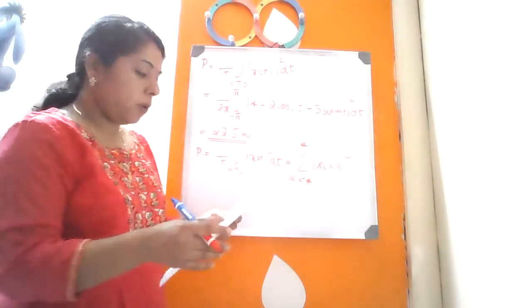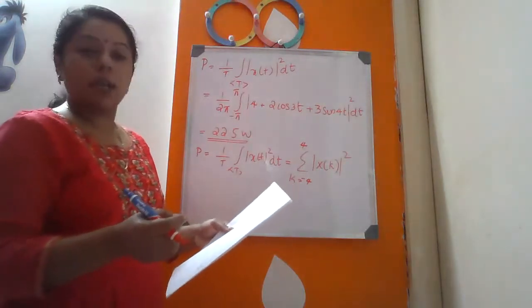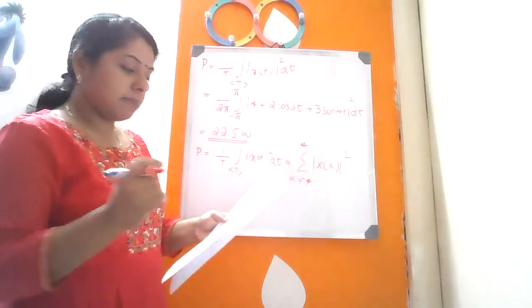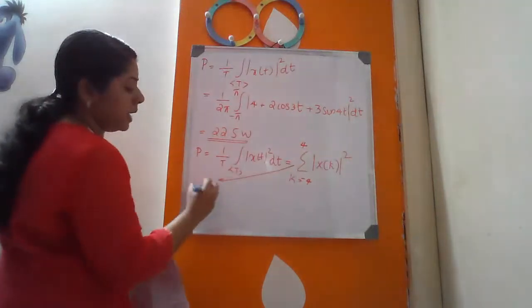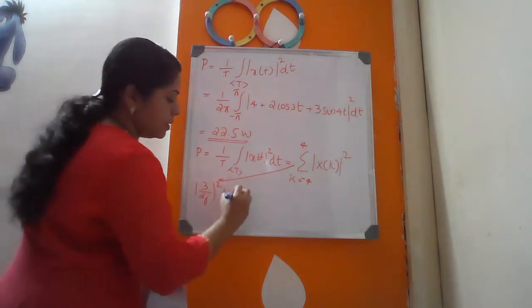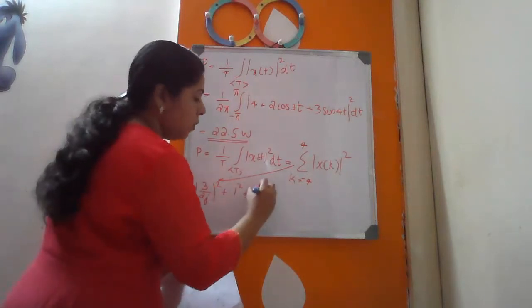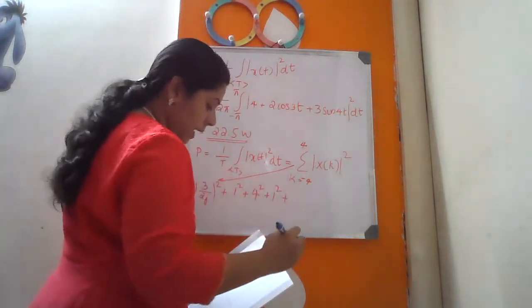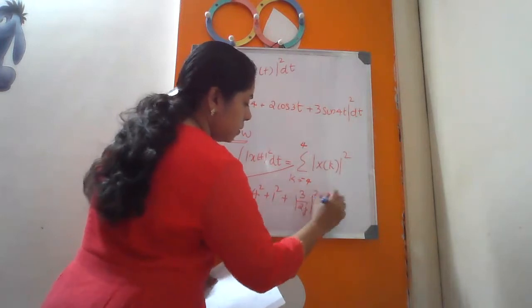At minus 4, the x of k value is 3 by 2j, so 3 by 2j the whole square, plus at x of minus 3 it is 1, so 1 square, plus at 0 it is 4, so 4 square, plus at 3 again it is 1, so 1 square, plus at plus 4 it is 3 by 2j.